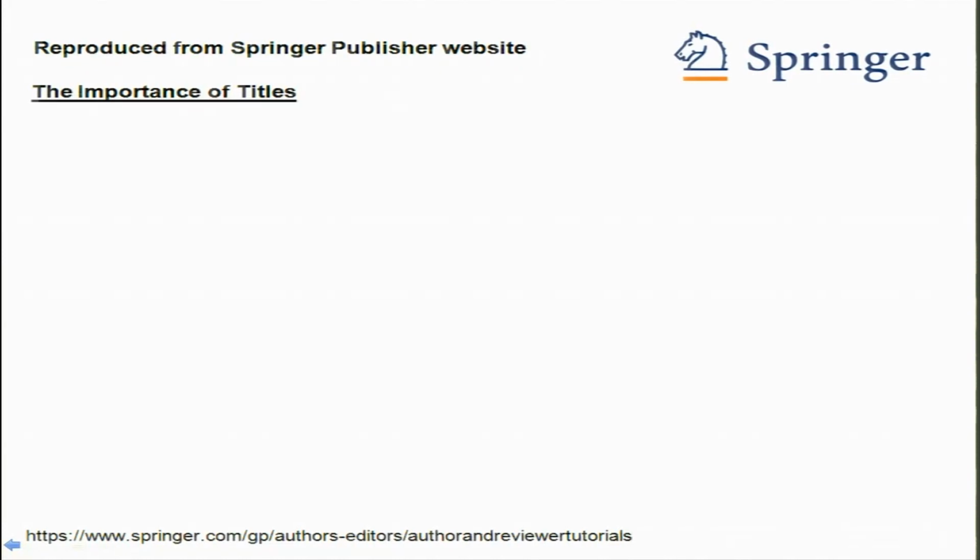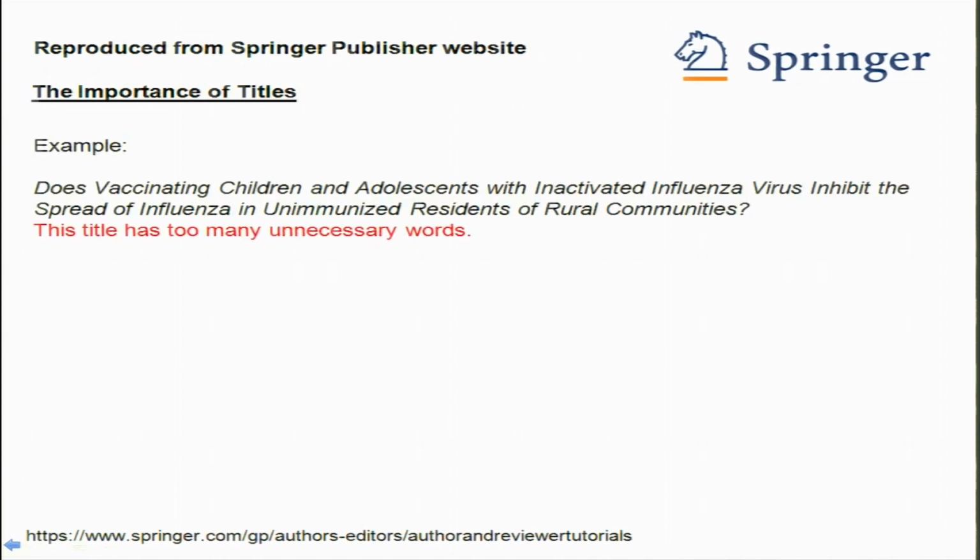So I'm continuing again, going back to these publishers, again reproduced from the Springer website, which says the importance of the titles. Again I'm going to use a few more examples. So now this is one title they say that is not good. Does vaccinating children and adolescents with inactivated influenza virus inhibit the spread of influenza in unimmunized residents of rural communities?